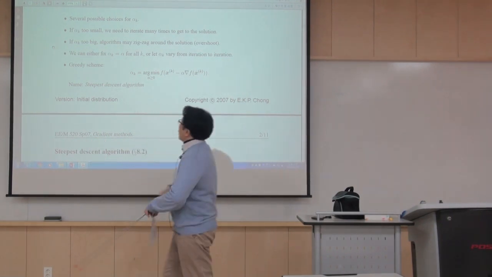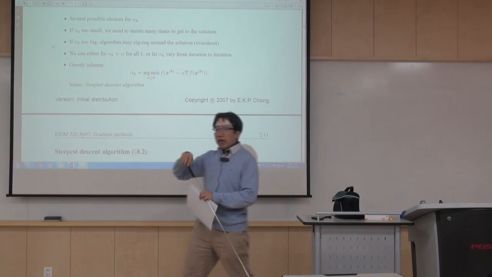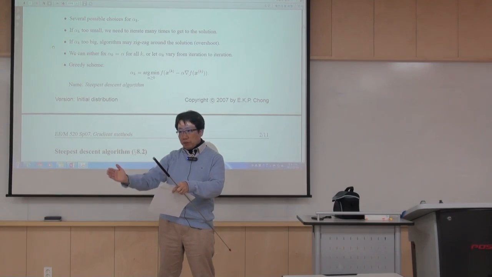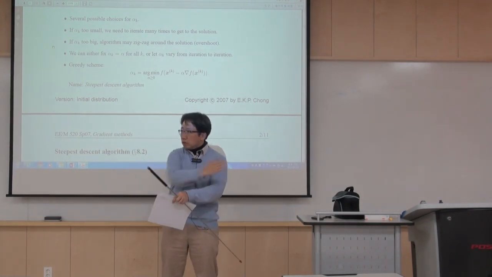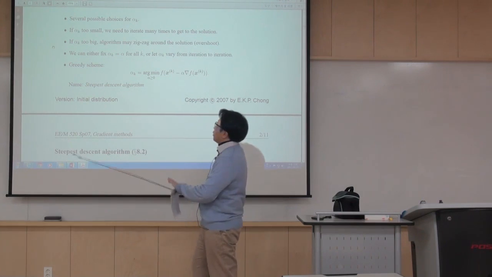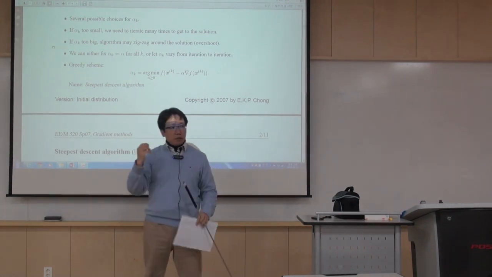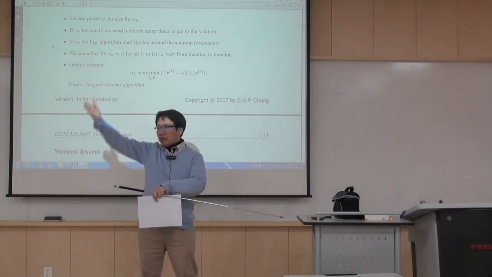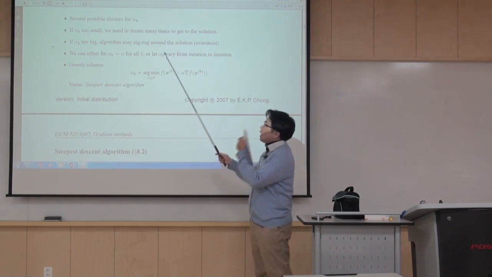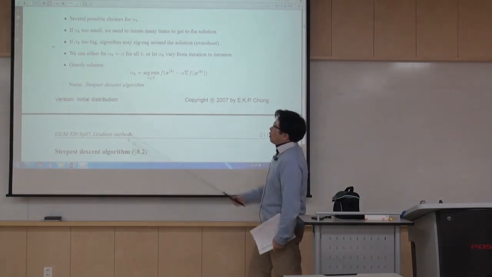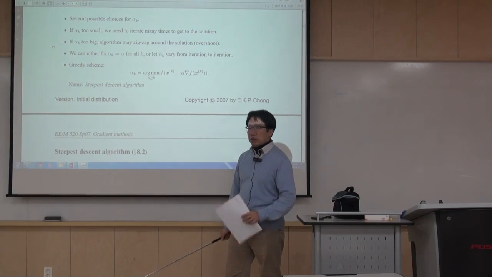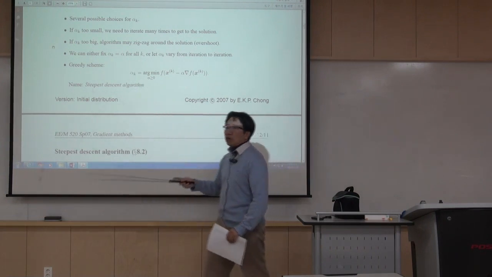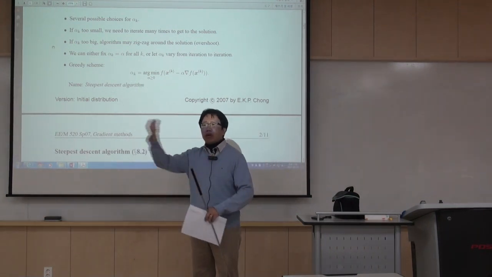Also, for example, if the function looks like this and you start here, and the step size is too large, then you may just overshoot every time. If alpha k is chosen generally very small, what will happen? It will move very slowly. Or we can choose some fixed number, and again, depending on how you choose that number, you may have trouble.